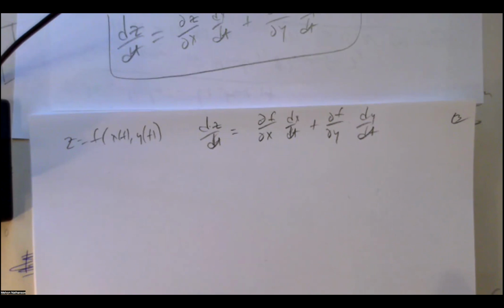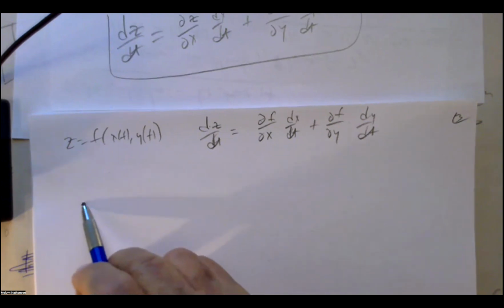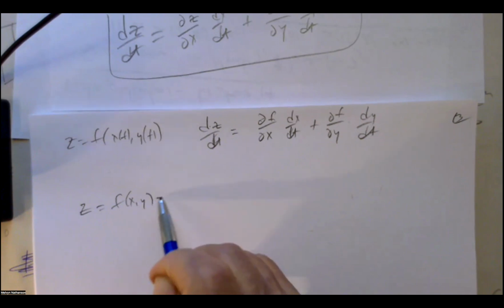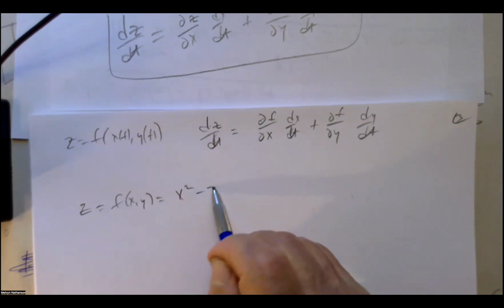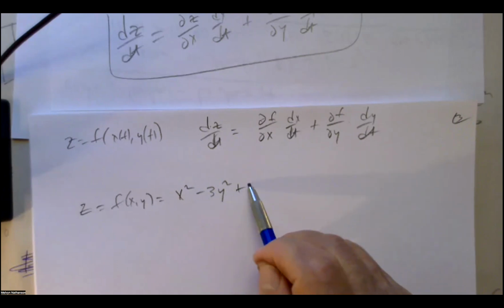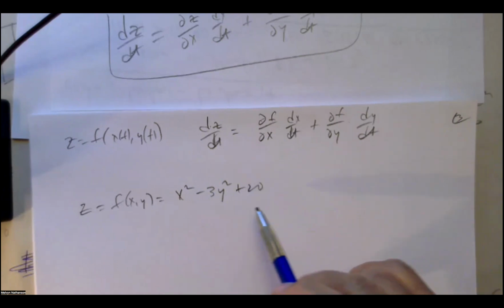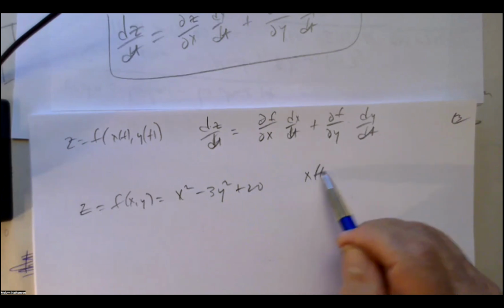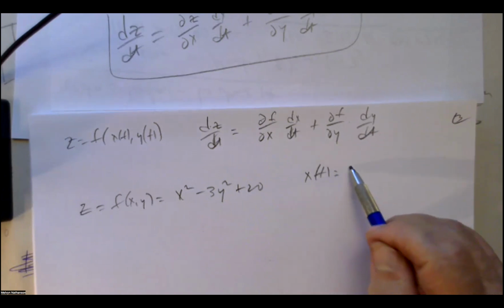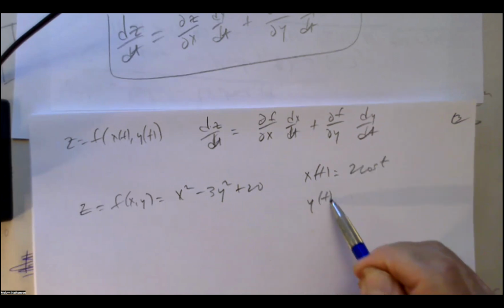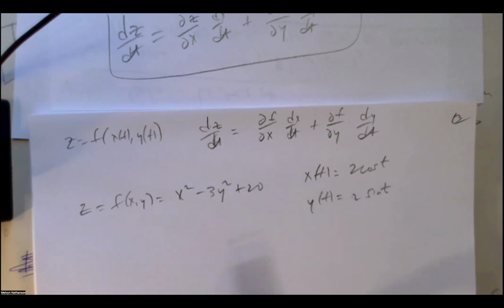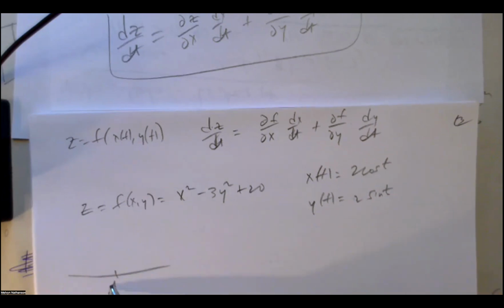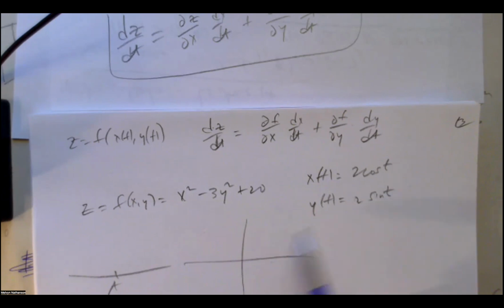So suppose we have the function z, which is a function of x and y, which is the function x squared minus 3y squared plus 20. And x and y are both going to be functions of t. X of t is 2 cosine t, y of t is 2 sine t. So for every number t, it gets sent to a point with these coordinates. This is a point which is on the circle of radius 4.